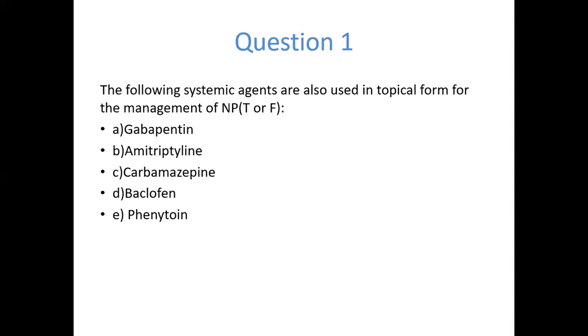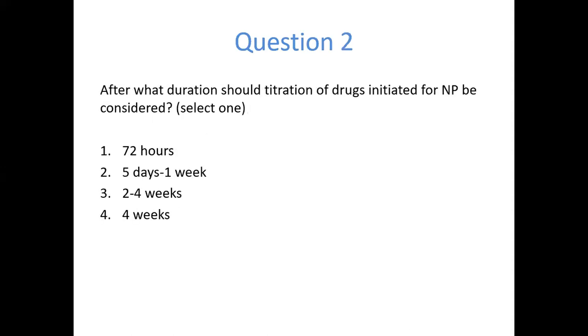So this is true. After what duration should titration of a drug initiated for neuropathic pain be considered? If there are no severe side effects, usually the rule is 2 to 4 weeks, as we have said, because it takes time for the drug to build to the max level in serum, for the symptoms to change.